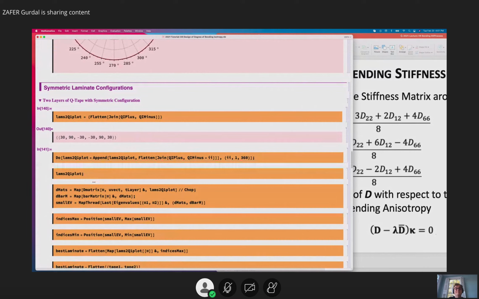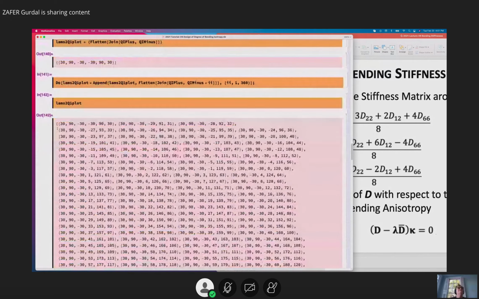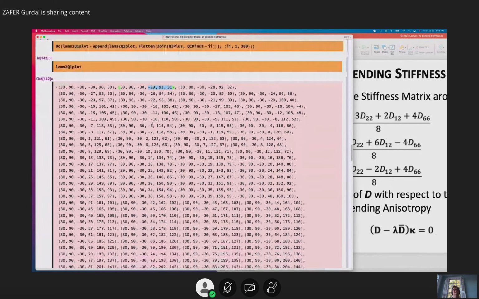So this is now the layup. The first layup is 30, 90, minus 30, minus 30, 90, 30. The second layup is 30, 90, minus 30, but the unsymmetric part of it is minus 29, 91, 31. Every orientation layer is shifted by 1 degree.